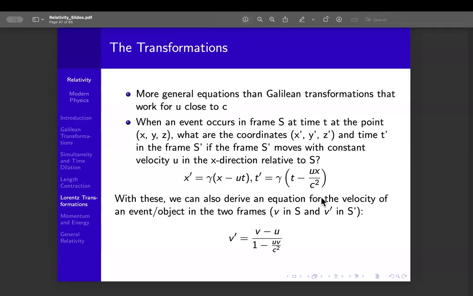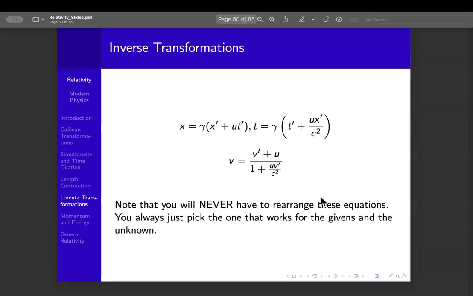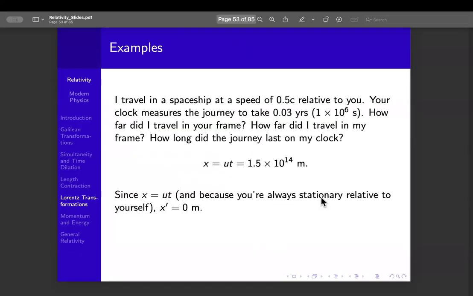If I wanted to figure out the velocity of, say, a spaceship moving relative to both of us, I would have to know its velocity relative to one of us, and then we could apply the appropriate rule to do so. It's actually kind of cool how all of this stuff goes together. Length contraction and time dilation all get wrapped up nicely in this lovely set of six equations that we can use to solve for different distances and different times.